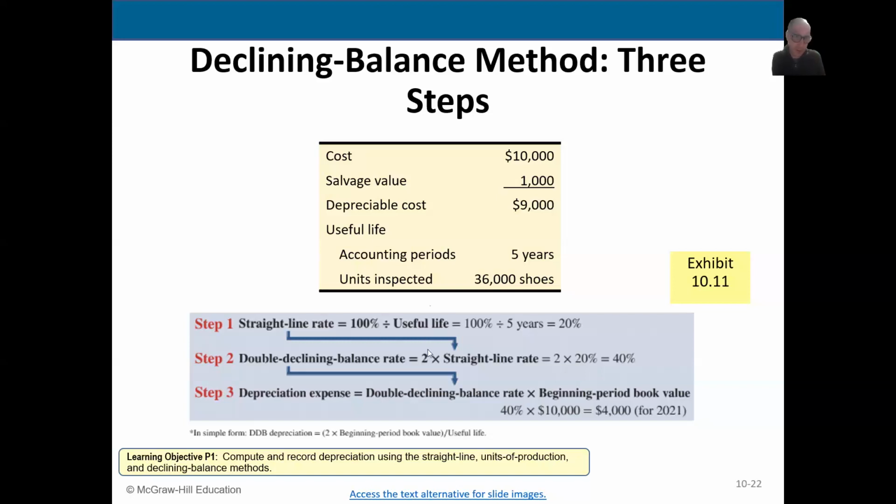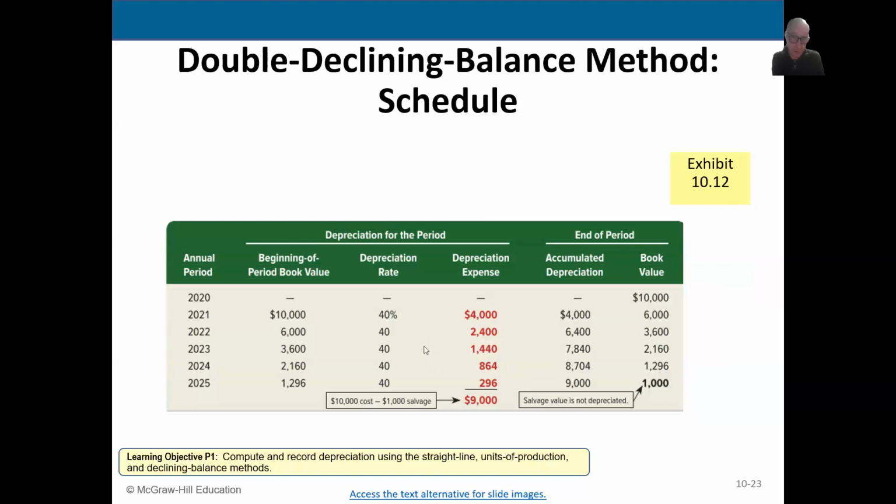Well, Dr. B, what about the remaining 5 years? You're asking. Here's how it works. Take book value times depreciation rate, 40%, equals depreciation expense. For the first year, it's 4,000. 10,000 times the 40% equals 4,000.